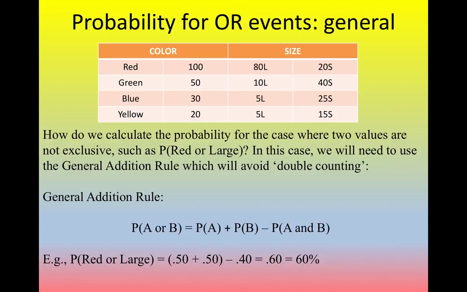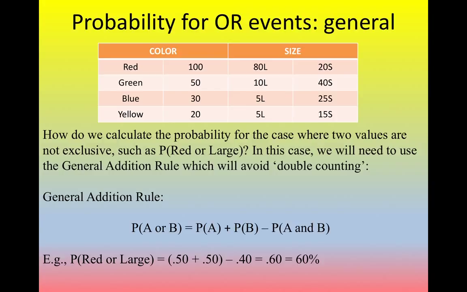Finally, let's talk about the general rule for calculating the probability of OR events, whether mutually exclusive or not. In this case, you have to avoid the possibility of double counting events in the intersection. Remember, the event of A or B can occur if A happens by itself, if B happens by itself, or if A and B happen together.